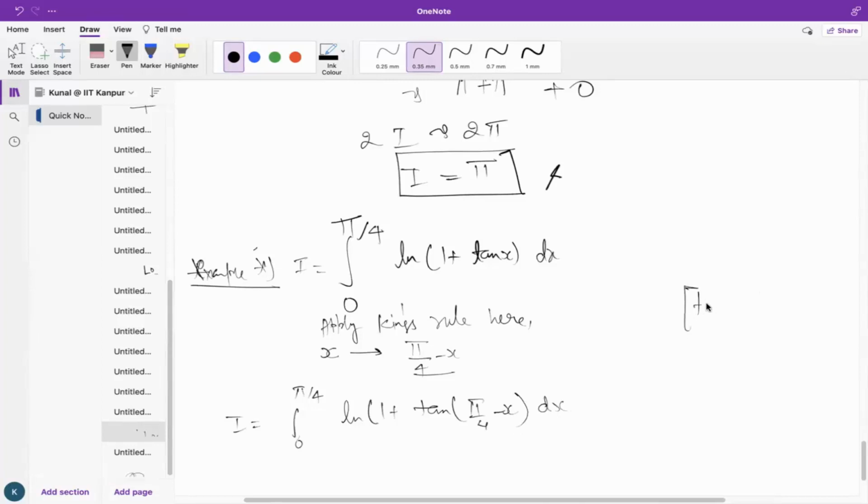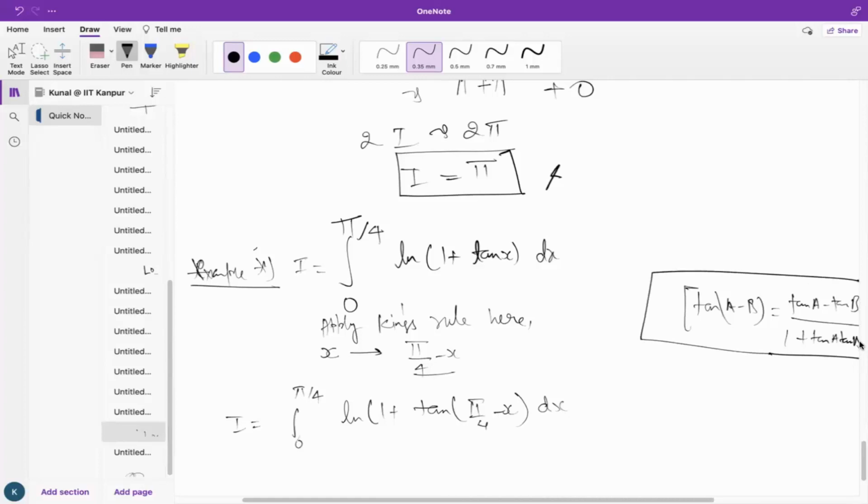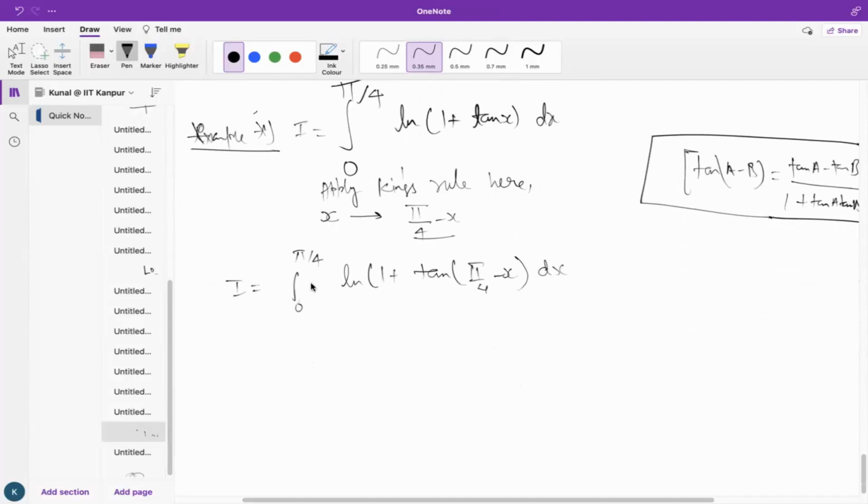And you know the formula for tan of a minus b. If not, then no worry. Let me write here: tan a minus tan b by 1 plus tan a tan b. So this is the formula of tan of a minus b. Right. Let's apply this trigonometric formula here.